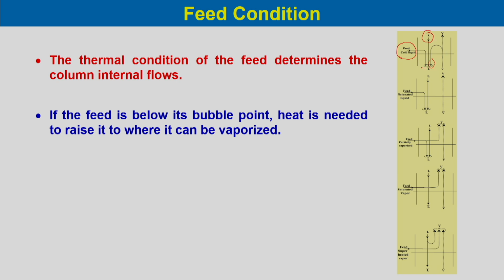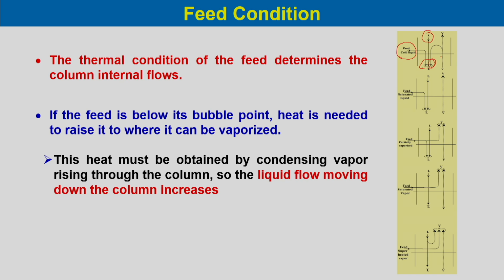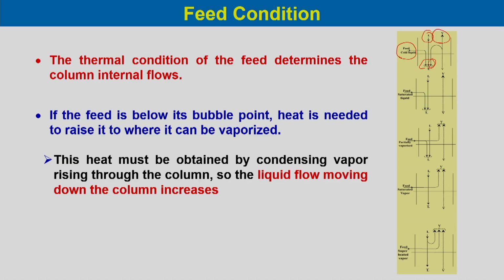So, the total column internal liquid flow below the feed tray will increase, and the vapor flow towards the top of the column will decrease, because part of the vapor is condensed to heat the cold feed. This heat must be obtained by condensing vapor rising through the column. So, the liquid flow moving down the column increases. This is the case where you have a feed below its bubble point.